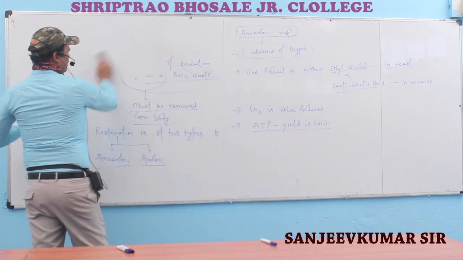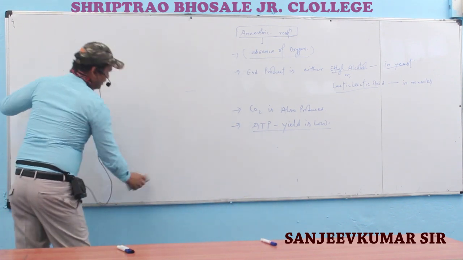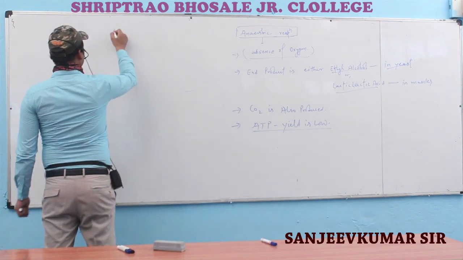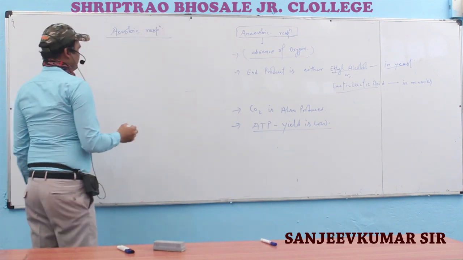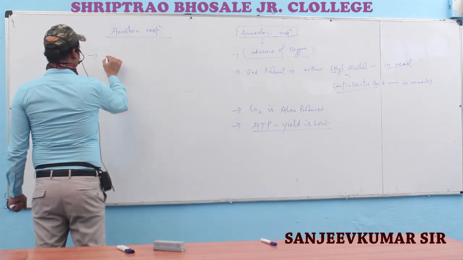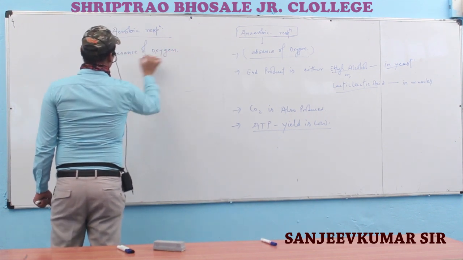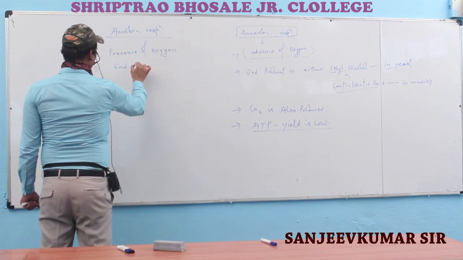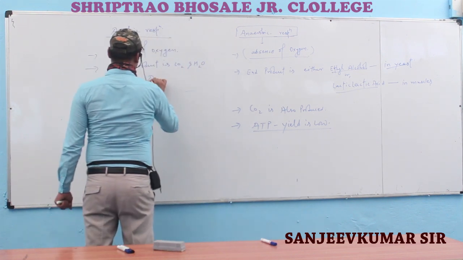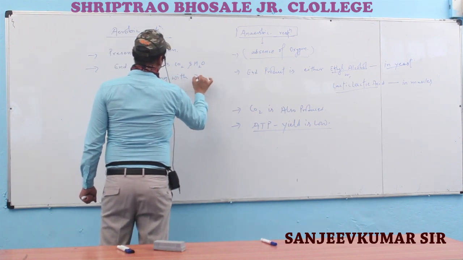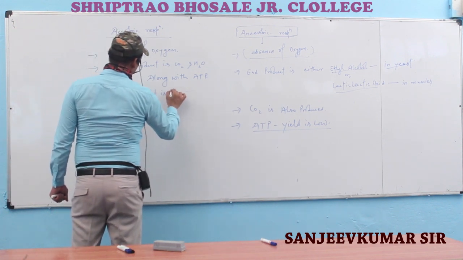Again, in aerobic respiration, simply there are two events: the presence of oxygen, and the end products are CO2 and H2O along with ATP, and here ATP yield is maximum.